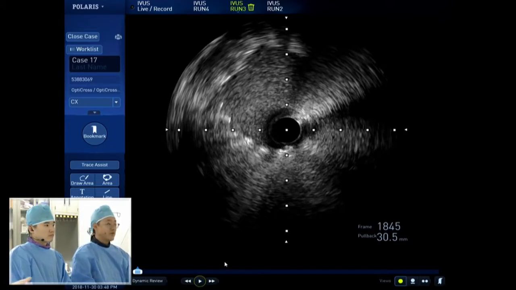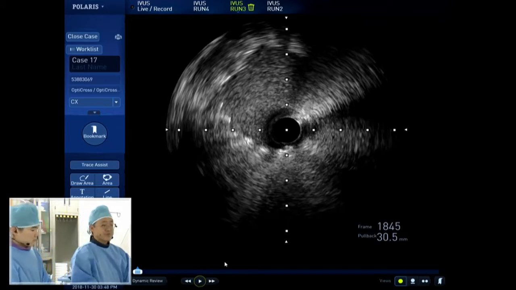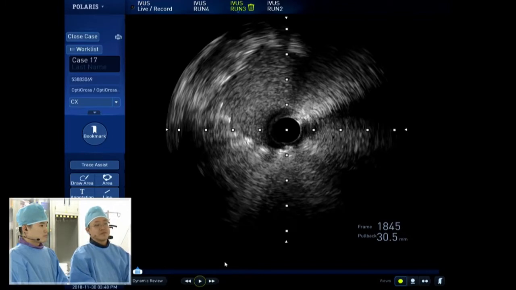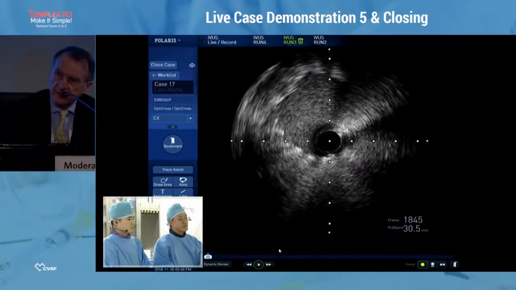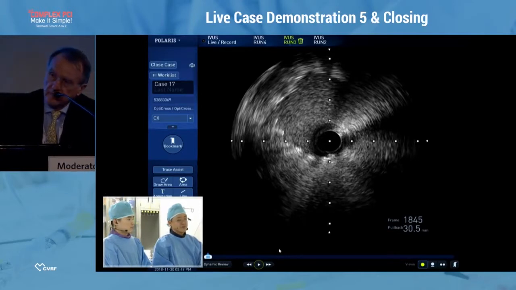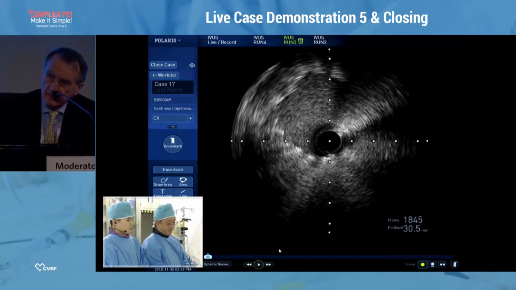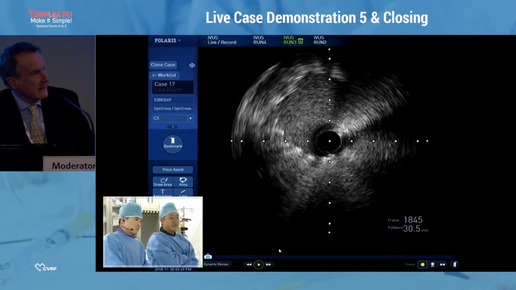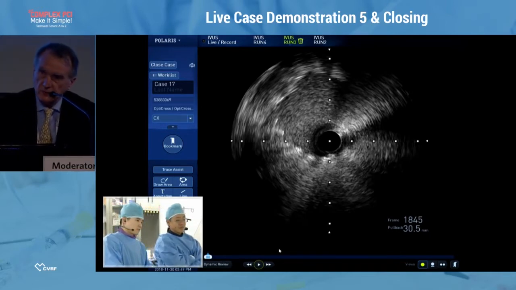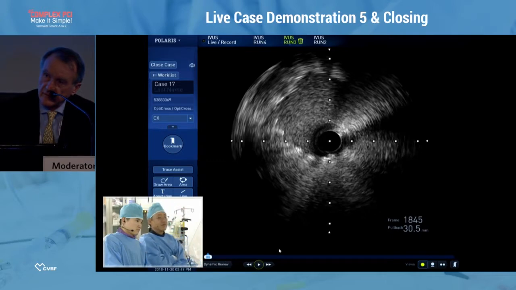Any comment from audience or panel or moderator? When I face in-stent restenosis, the decision comes after predilatation. I do the best possible predilatation, and then if the result of the predilatation is really very good, I do drug-eluting balloon. If it's not good, I do double stenting or single stenting.